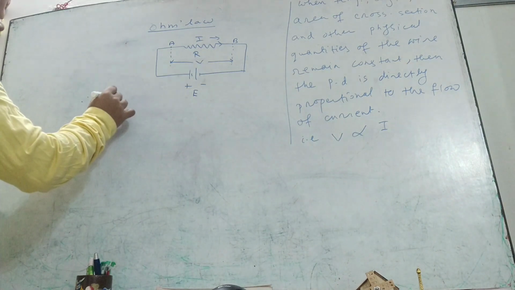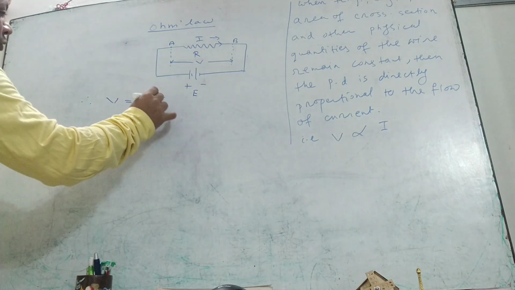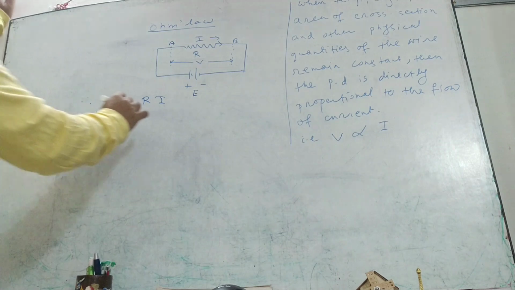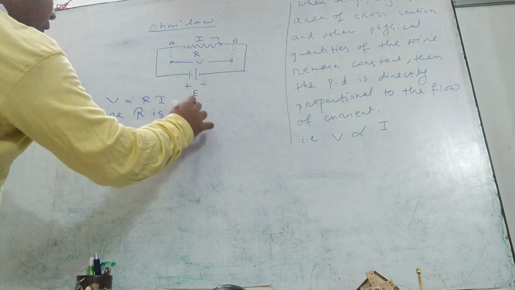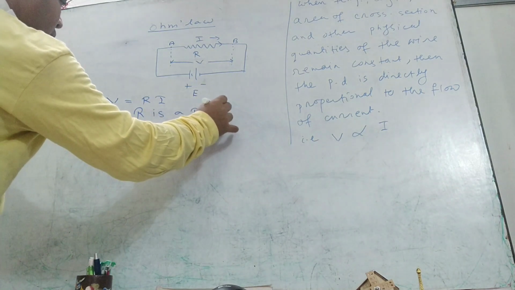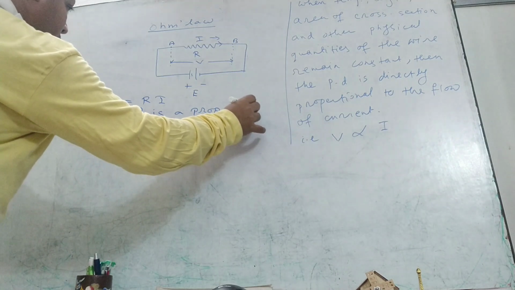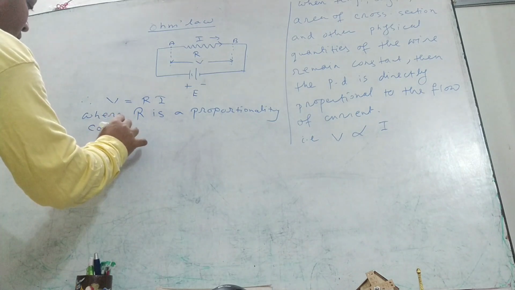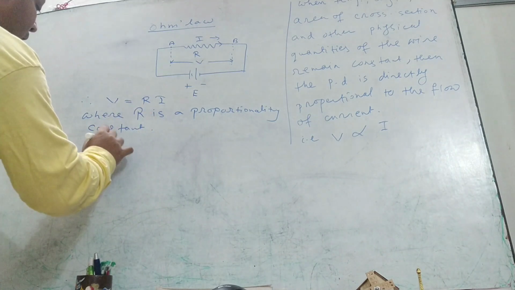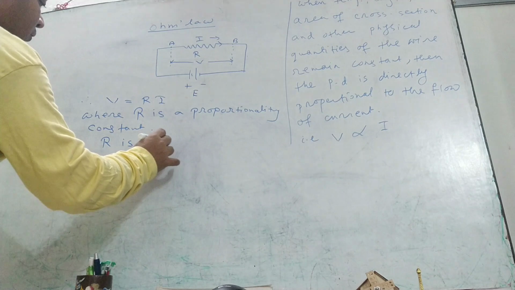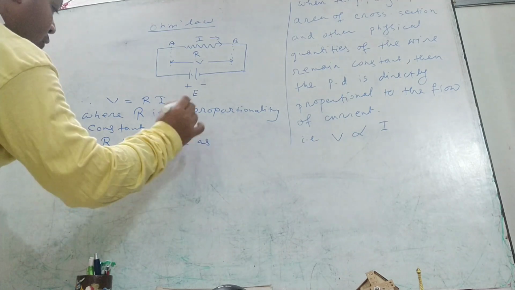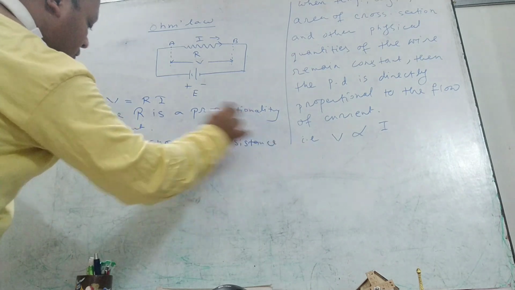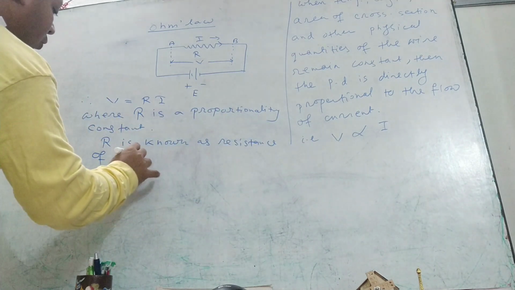Therefore, V is equal to R into I, where R is a proportionality constant known as resistance of the wire.